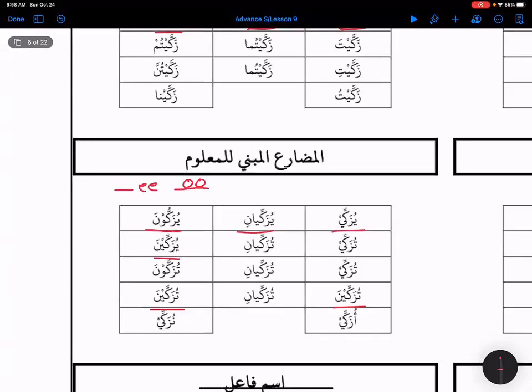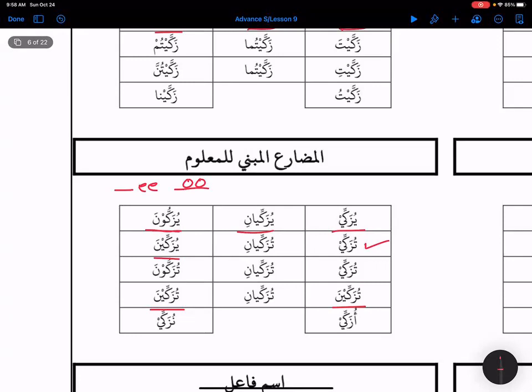Yuzakki, yuzakkiyani, yuzakkuna. Not yuzakkiani, yuzakkiyani, like yu'allimani. Then tuzakki, tuzakkiyani.